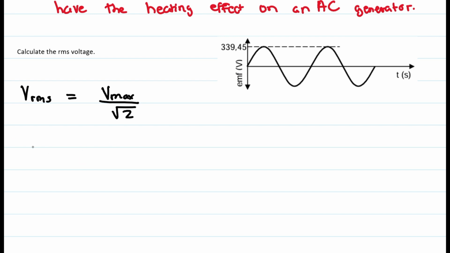So we have those peaks over there, and the maximum voltage is 339.45. To find the Vrms, Vrms is equal to 339.45 divided by the square root of 2. Now you can put that into your calculator.